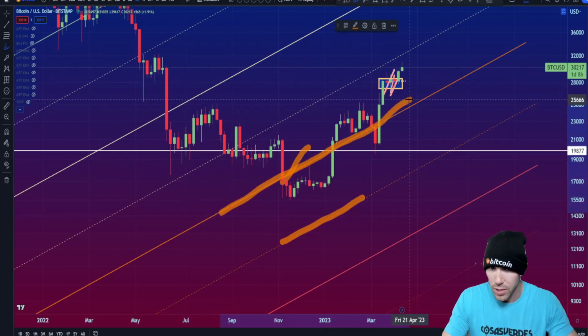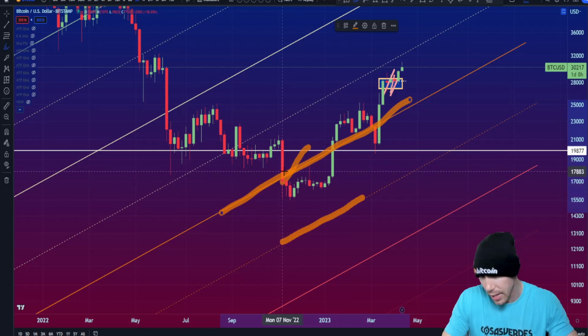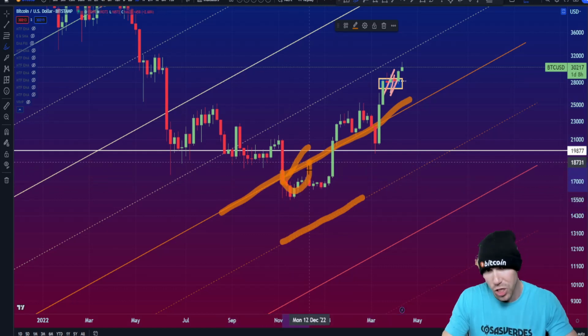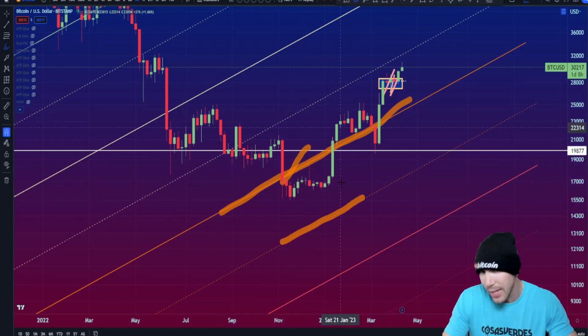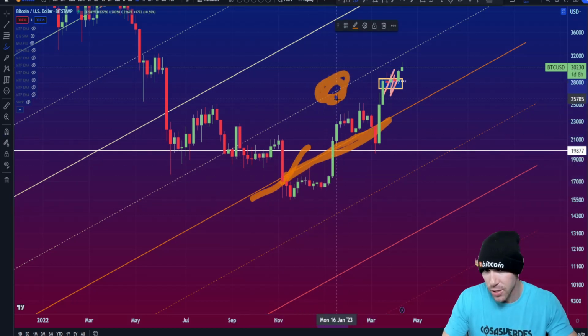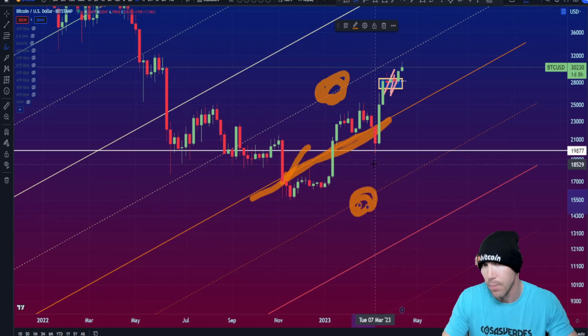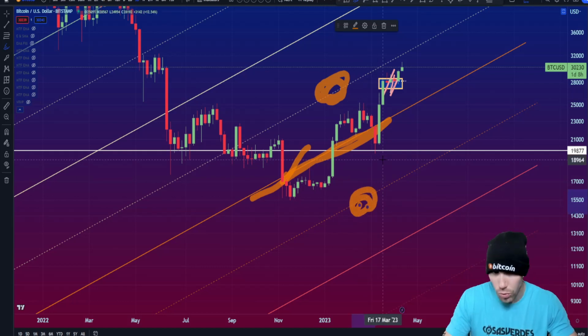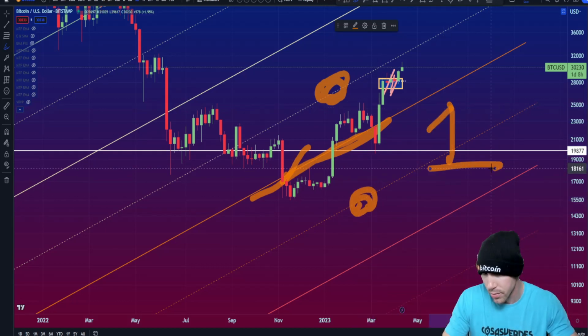So if it goes under this line and it follows rejection rules, which it seemed like it did here, then before it ever touches this line, it has to touch this line first. Those are the rules. The rules have only been broken once.